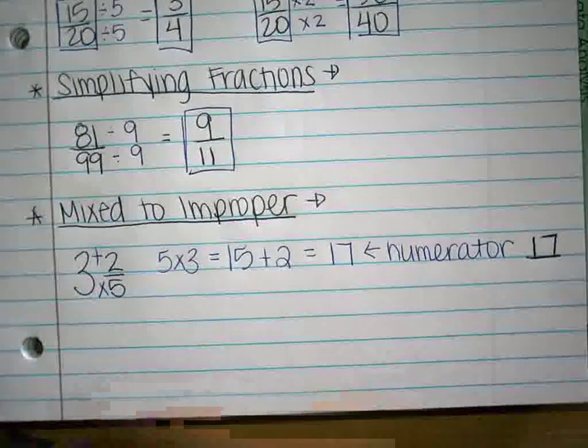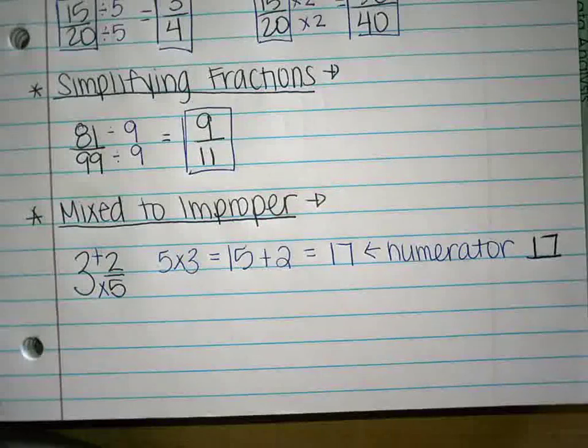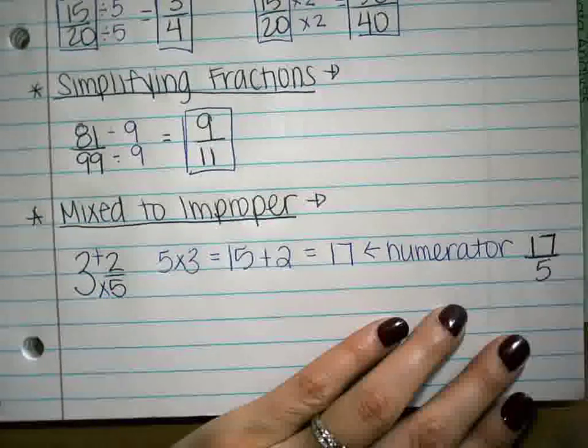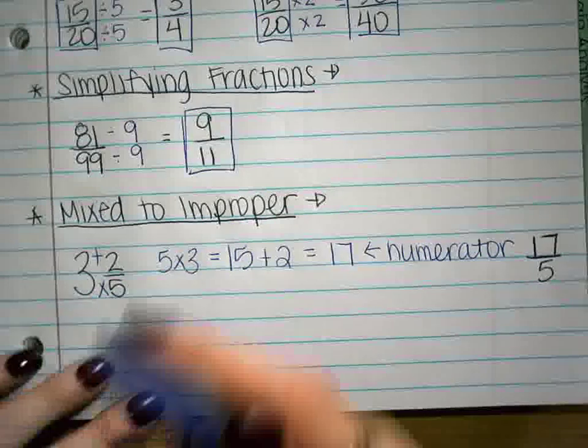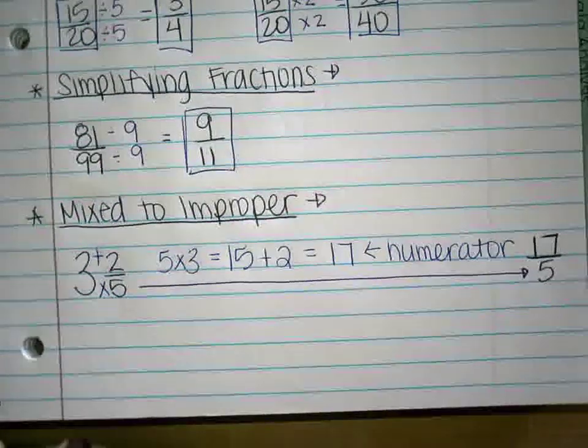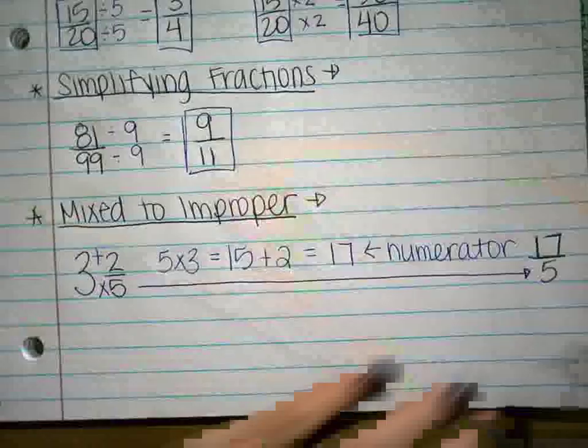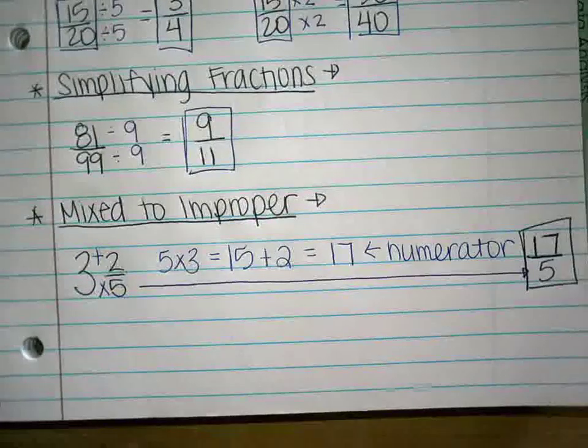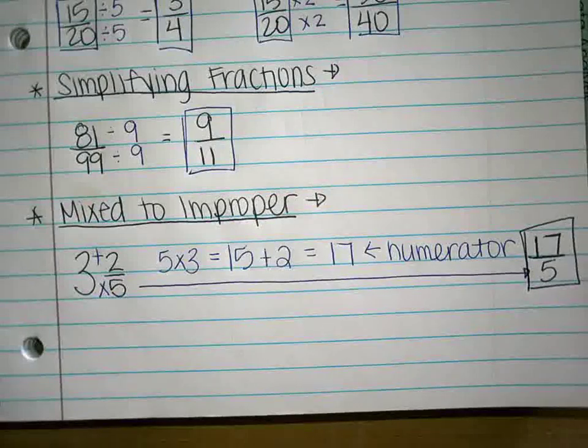Good, so that 17 becomes your numerator. And then what is going to be my denominator? 5. So you're going to keep that denominator the same. So 17/5 is the improper fraction for 3 2/5.